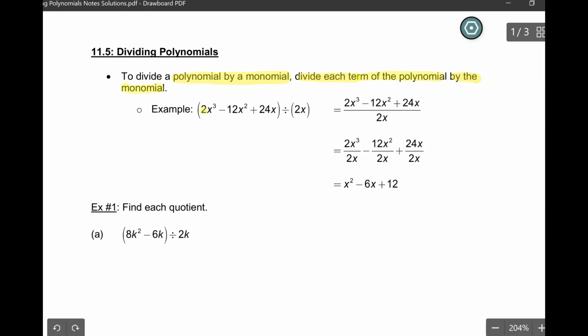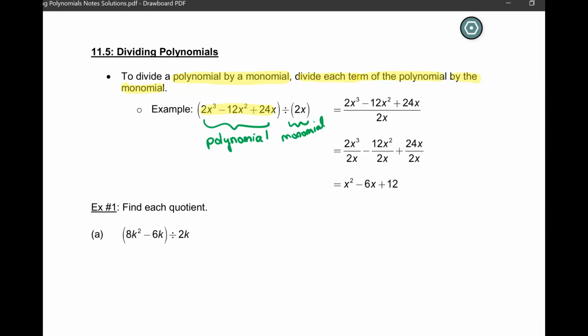So here's our example. Here's our polynomial. And of course, this is our monomial. So if you look at, basically the division sign becomes our fraction line, right? Because division is the same thing as a fraction bar. And you'll see I have 2x cubed minus 12x squared plus 24x, all divided by 2x.